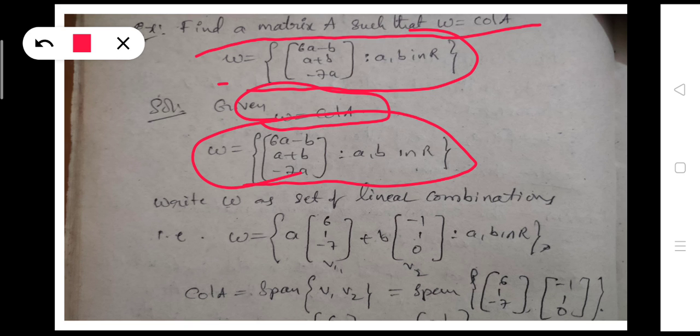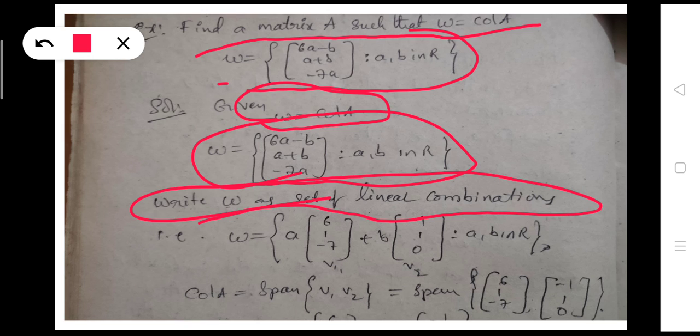Write W as a set of linear combinations. That means W can be written by taking a common from the vector: a times (6, 1, -7), and taking b common: b times (-1, 1, 0), such that a, b are in R. Here this vector is considered v1, this is v2.